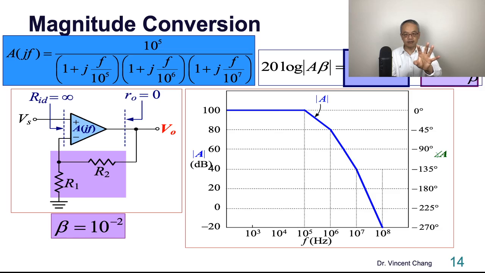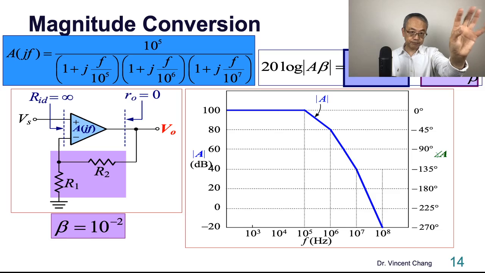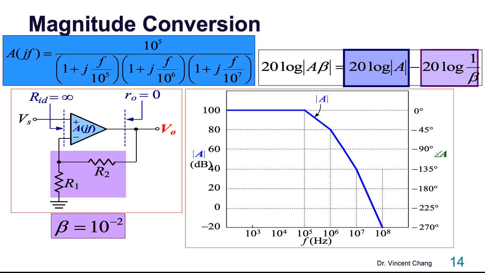Now beta is given as 0.01. So if beta is 0.01, what is the 20 log 1 over beta? 40, right? 40.